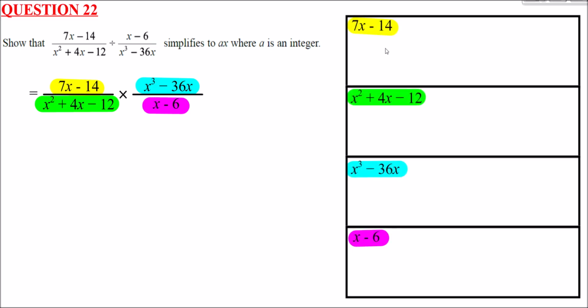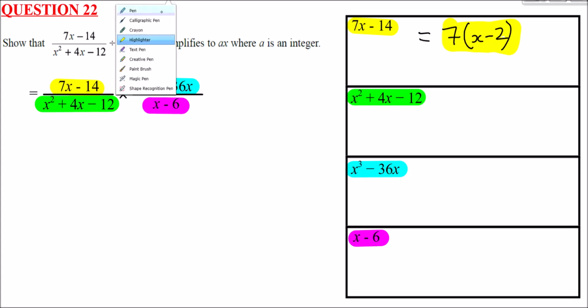So 7x minus 14. Well, this is actually quite straightforward to simplify, because 7 and 14 are both multiples of 7. So we can say this is the same as 7 lots of x minus 2. So we can simplify that one fairly easily. The next one we need to see if we can factorize is x squared plus 4x minus 12.